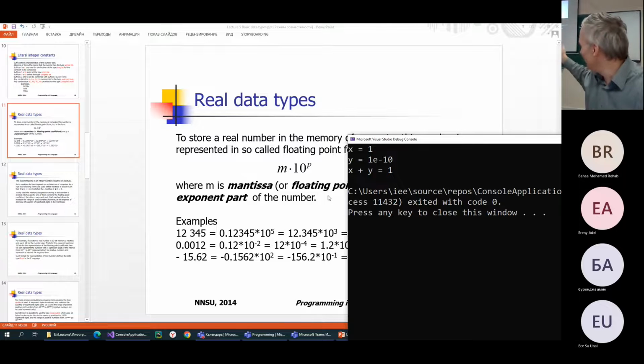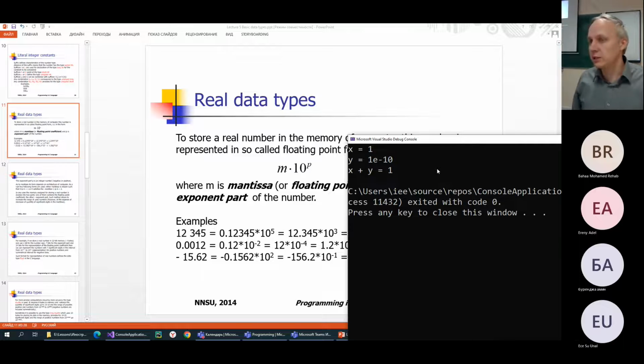On the console output we cannot use subscripts and superscripts, so the notation is as follows: 1e-10. This notation corresponds to M times 10 to the power minus 10.